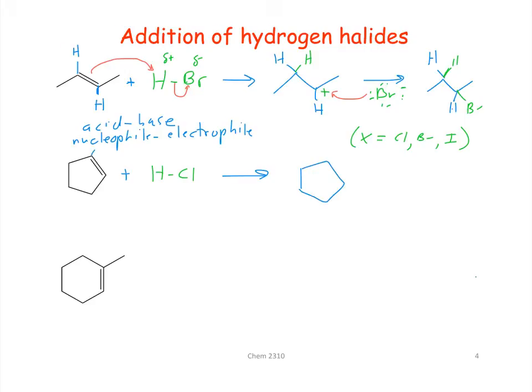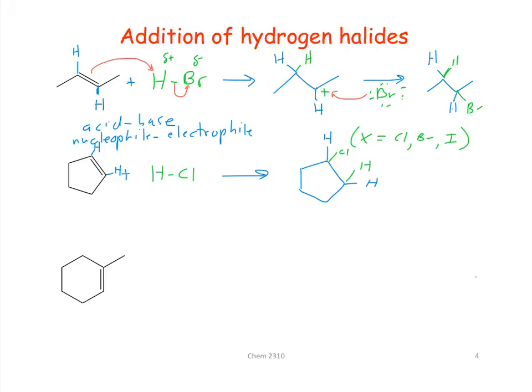Let's do like we did last time and put the H's in here. Okay, so here's the 2 original H's. And we're going to add the H from HCl to one side, chlorine to the other side. Okay, simple electrophilic addition reaction.